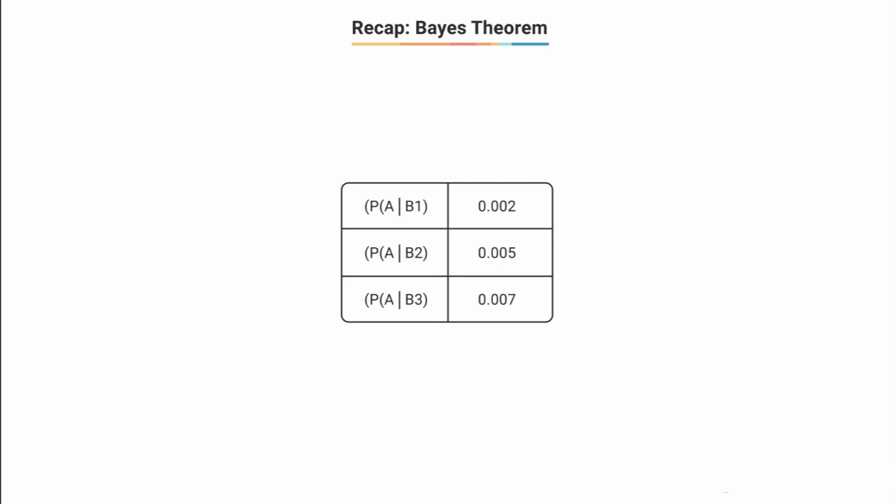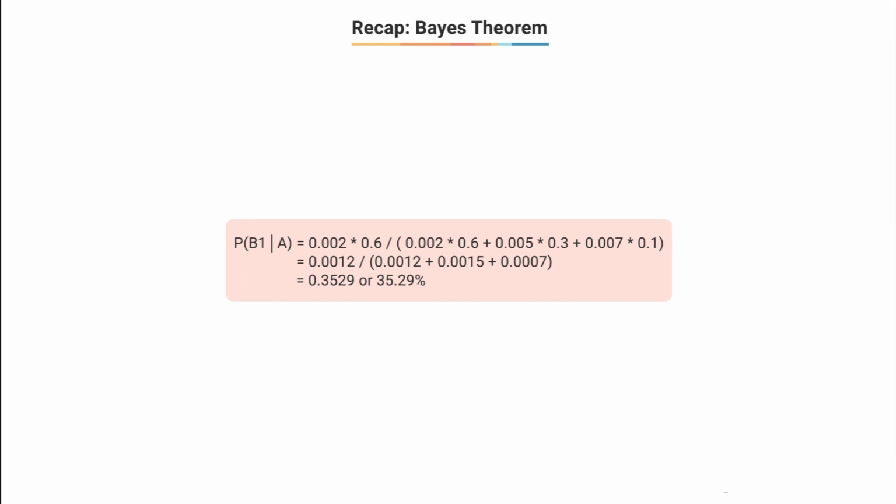Now let's see if we have all the values with us. We have probability of A given B1 as 0.002, probability of A given B2 as 0.005, and probability of A given B3 as 0.007. We also have probability of B1, B2 and B3. So what we get? Probability of B1 given A equal to 0.002 into 0.6 divided by 0.002 into 0.6 plus 0.005 into 0.3 plus 0.007 into 0.1, which sums to 0.3529 or 35.29%.